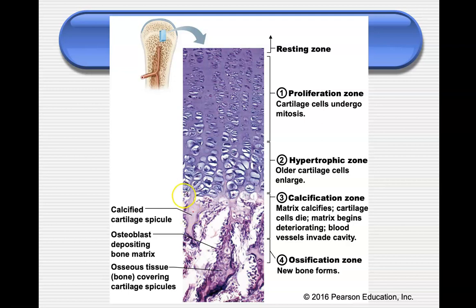And when this happens, you end up with these spicules. So they basically end up leaving these big spaces that we call long, slender spicules, and to me, they kind of look like, and I know your book describes them as, stalactites, right?